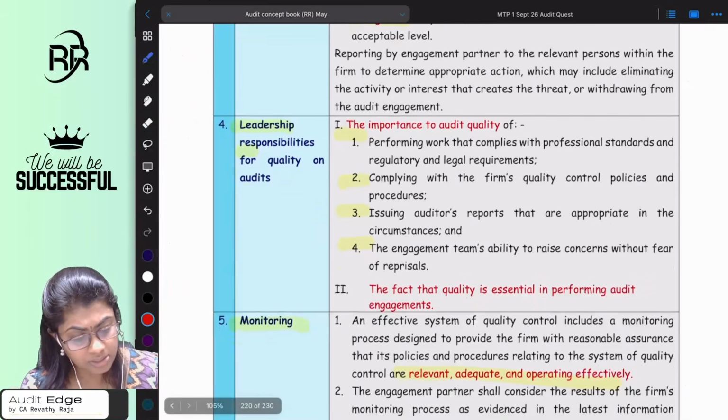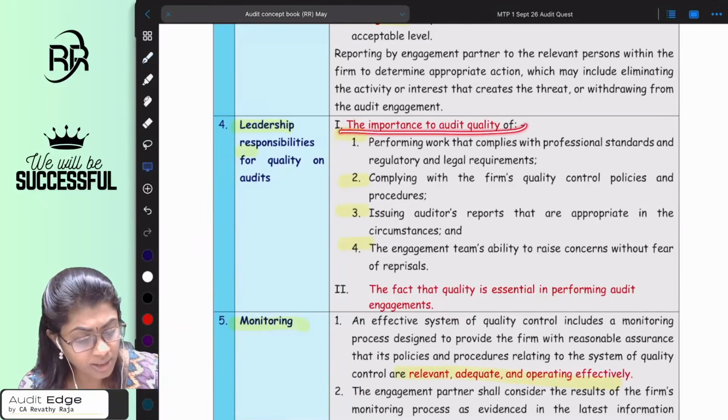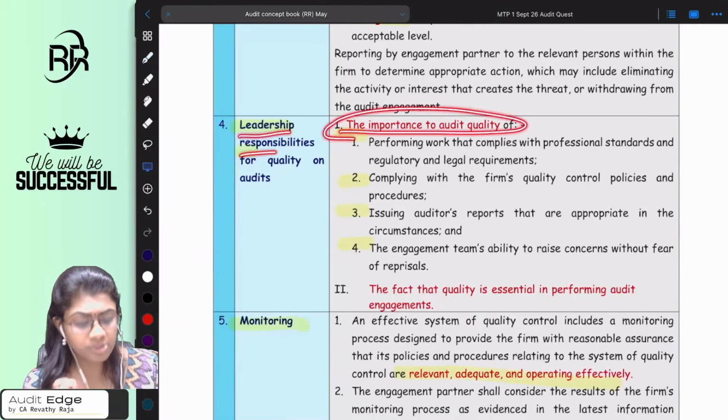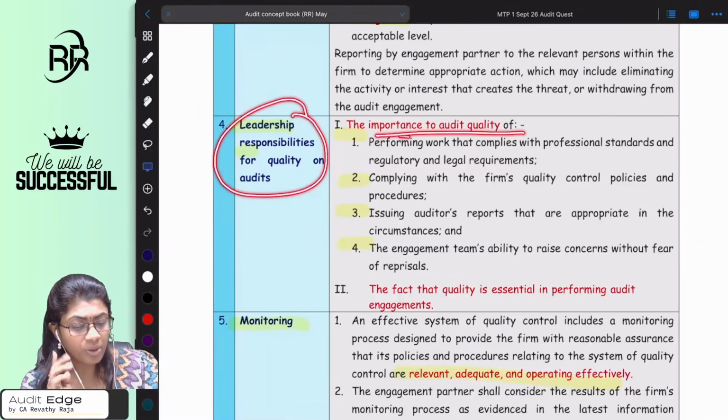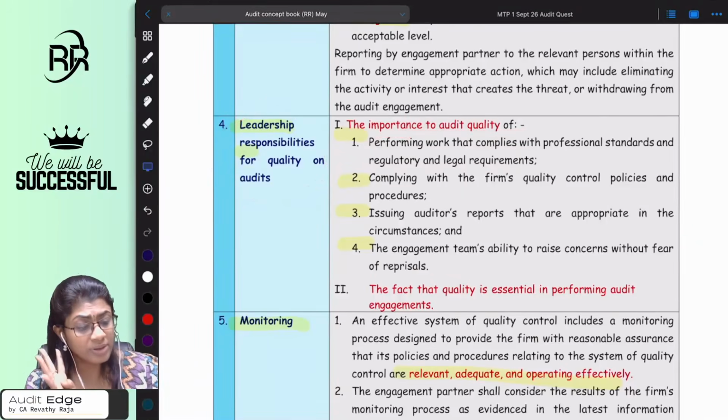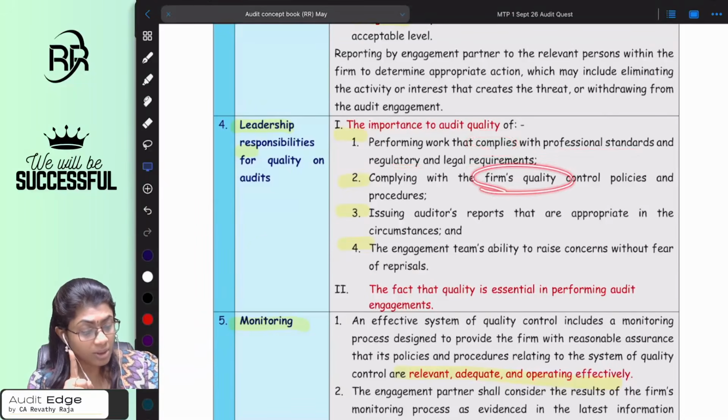This is regarding the leadership. First, you can put the heading, leadership responsibility for quality of audit. Then write the importance of quality of audit. Four points are there. First, the leader shall comply with the professional standards, regulatory and legal standards. He shall also comply with the firm's quality control.